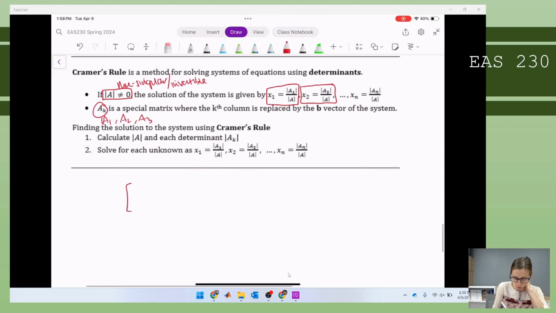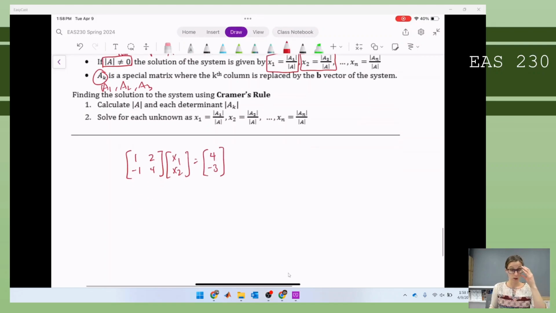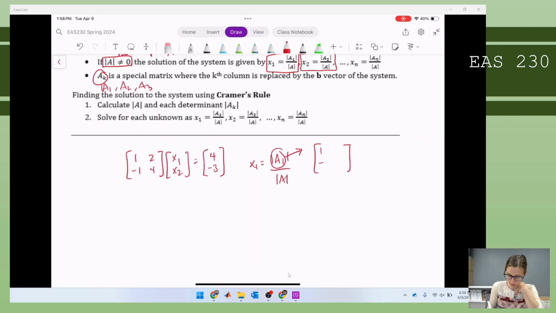So if I had a 2x2 system that looks like this, I would have two unknowns, where x1 is going to be the determinant of A1 over the determinant of A. Where A1 here is A, where the first column is replaced by my B values.